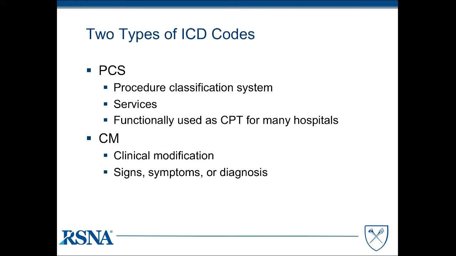But the hospital incurs services and expenses in providing that service as well, and will frequently report its related bundle of services using an ICD Procedure Classification System code. That's PCS, which stands for Procedure Classification System, and these are functionally used as CPT codes for many hospitals.